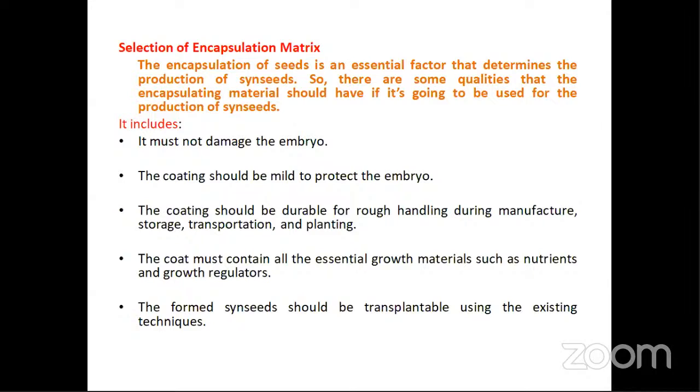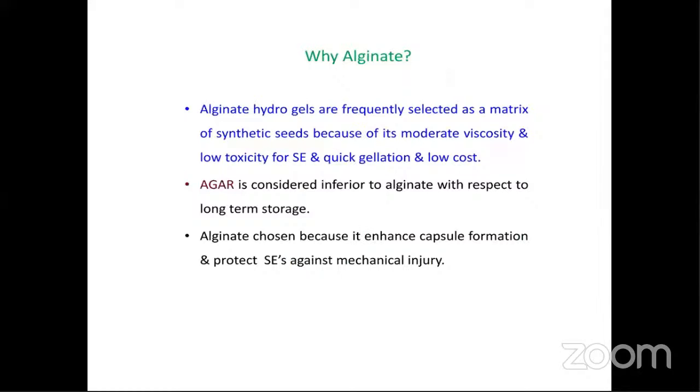The coat must contain all the essential growth materials such as nutrients and growth regulators. This depends upon the coating material and the researcher's objective, and the formed synthetic seed should be transplantable using the existing techniques. Next, please. Why are we selecting alginate?